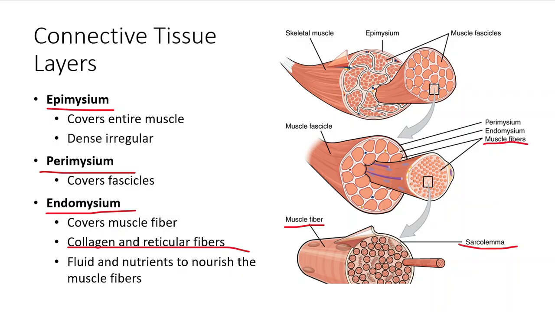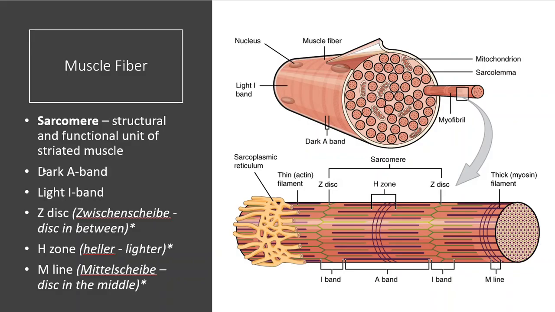Okay, guys, next slide, muscle fibers. Let's kind of break this up a little bit. So there's our muscle fiber or muscle cell, single cell. Yeah, there's multinuclei. This obviously would be a skeletal muscle cell.